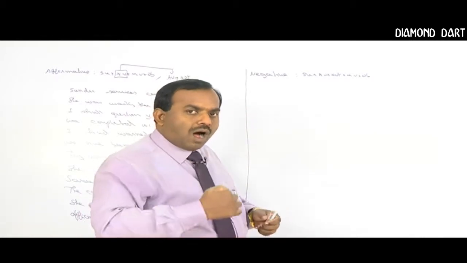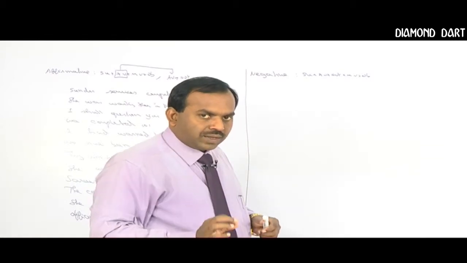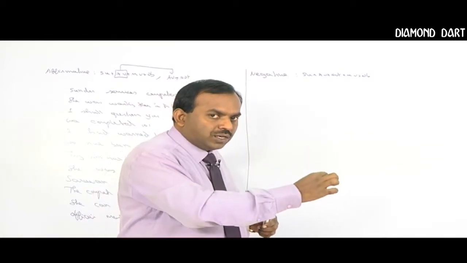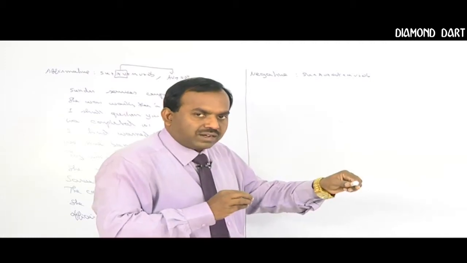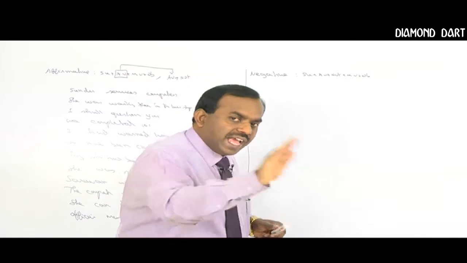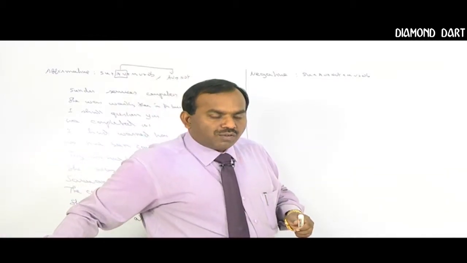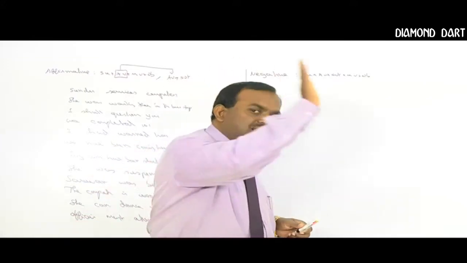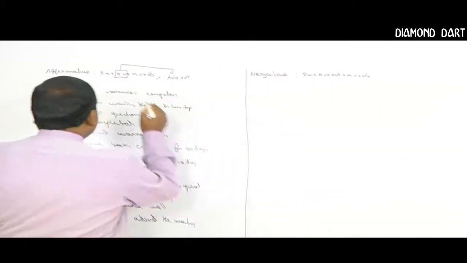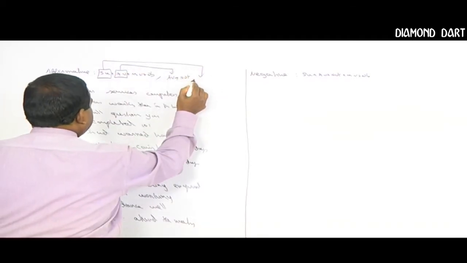For example, are not is not the correct thing: aren't. Will not: you should never write like that separately. Won't is very compulsory. And next what you must do, carry the subject of 101 and write it again back.